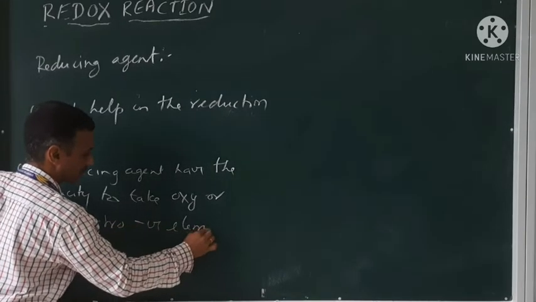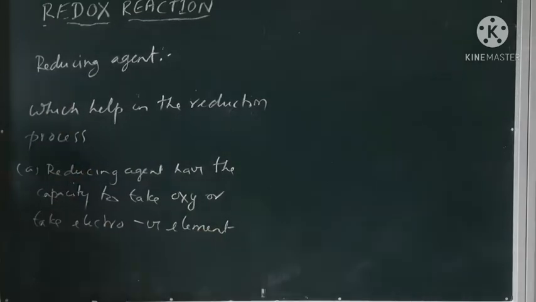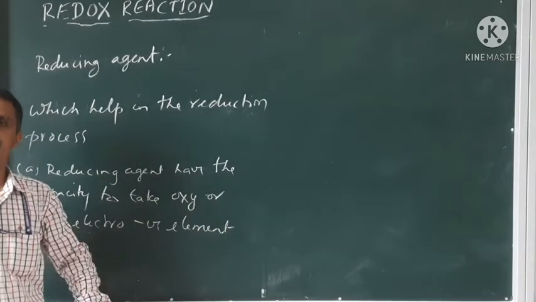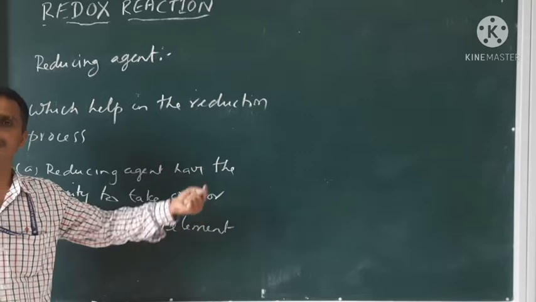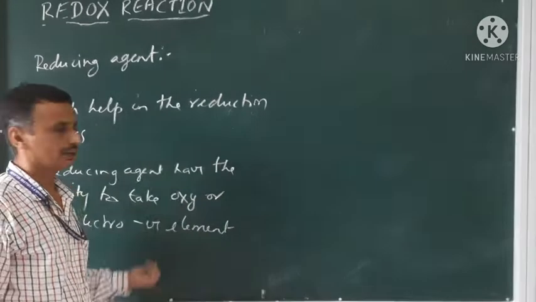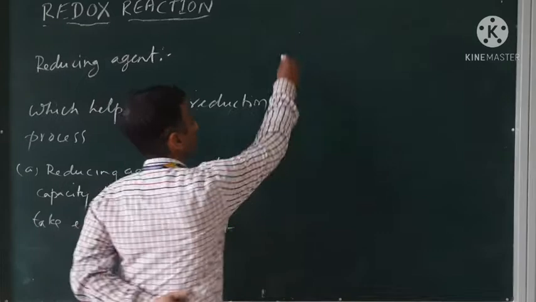I am clubbing this. Either they should have the ability to take the oxygen, or they should have the ability to take the electronegative element. Then it is a reducing agent.